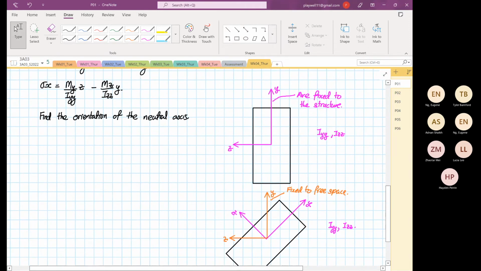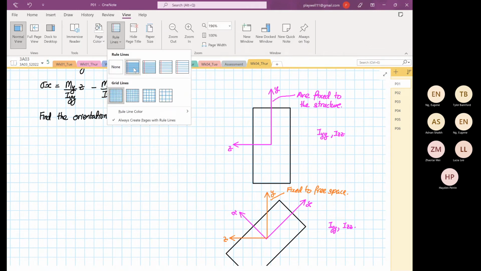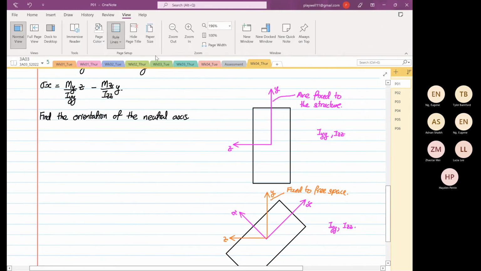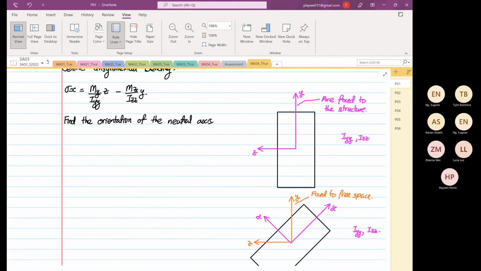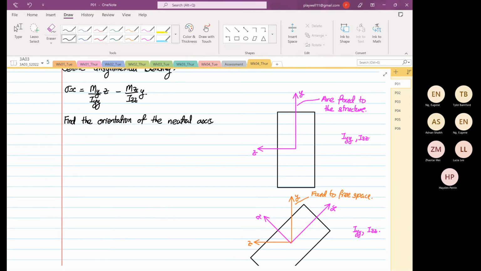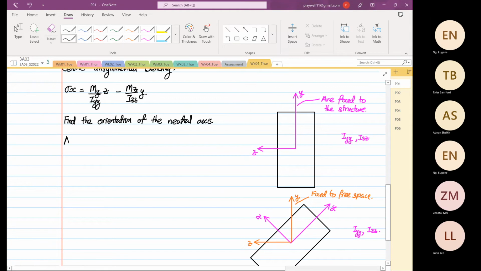Then going back to finding the position of the neutral axis. Okay, so we know that at the neutral axis, and we already know that the neutral axis is different from the centroid, that stress sigma x is equal to 0.